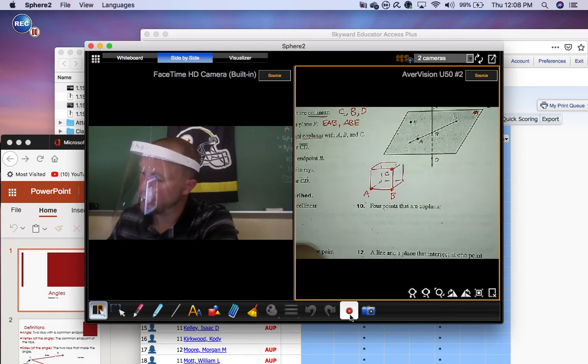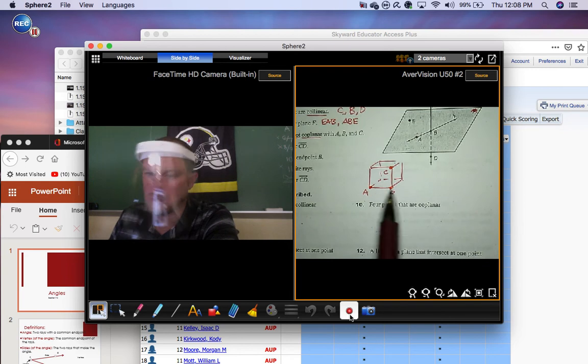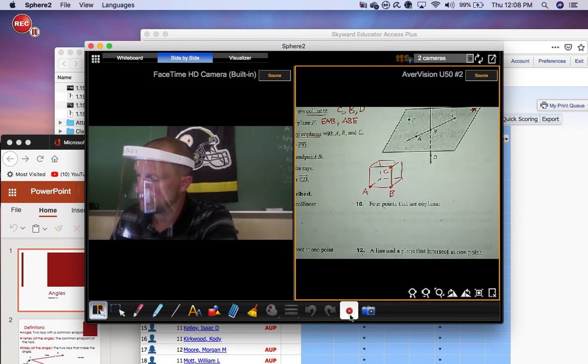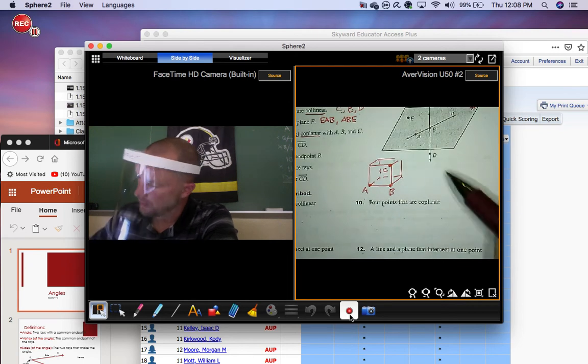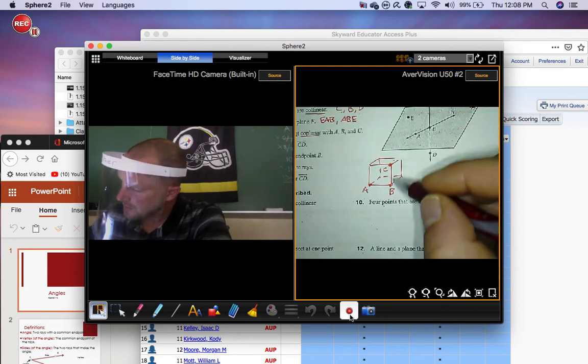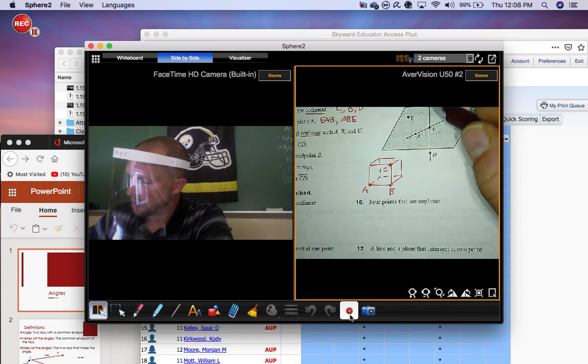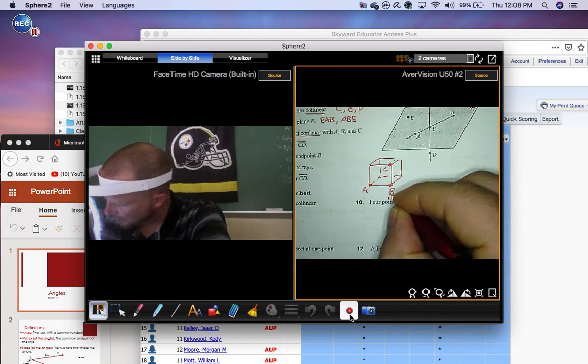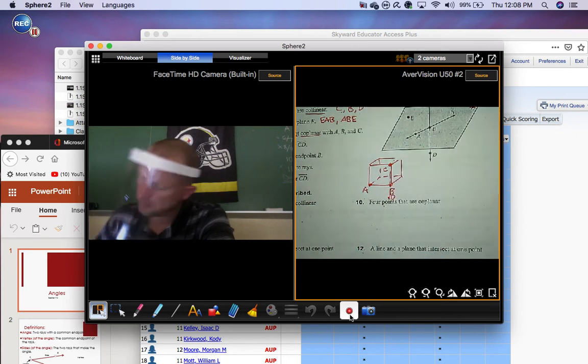Okay, so we need a point that is not on this plane. Well, this plane is the front wall. So on our front wall, we have points C and B that are collinear with point D, like we just talked about. So point D lives somewhere down here. It's still on that front wall.